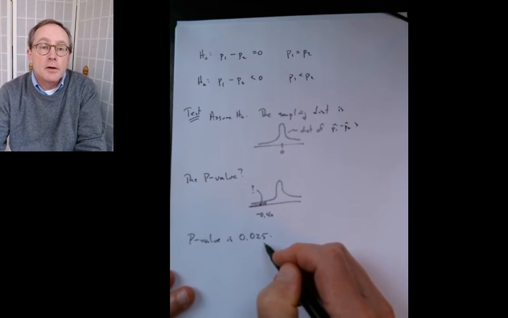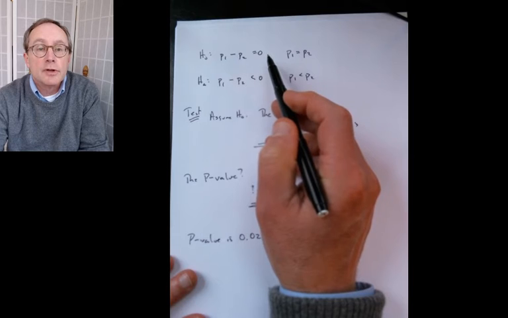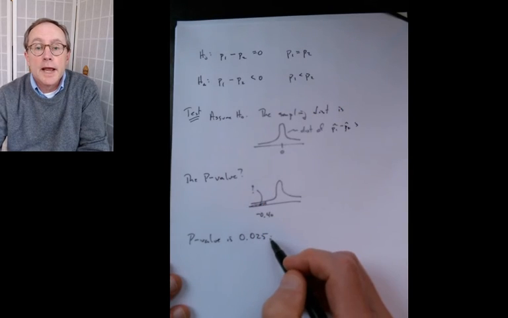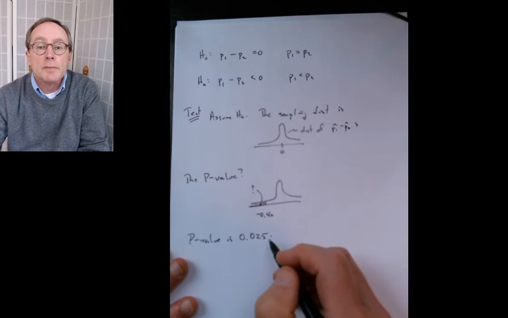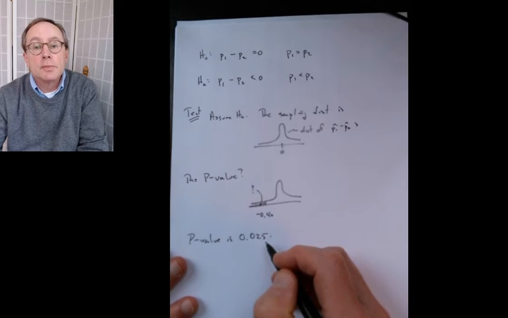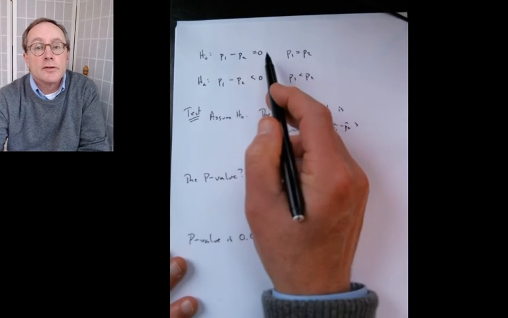In particular, because that's less than the traditional 5%, I'm going to say that your contention is starting to be hard to believe. 2.5%, that's a pretty rare sample. You're saying something which would mean that my sample was rare. So I'm finding it easier to believe that this is true than that this is true.